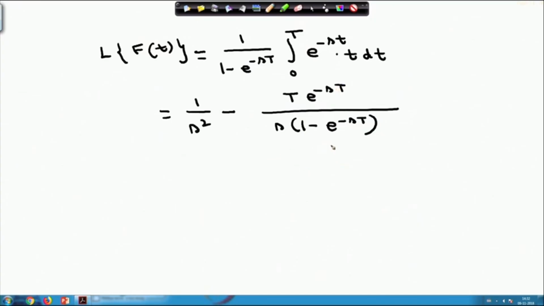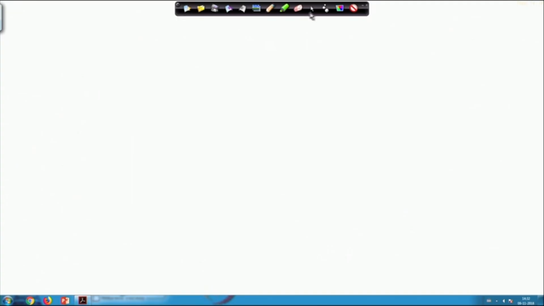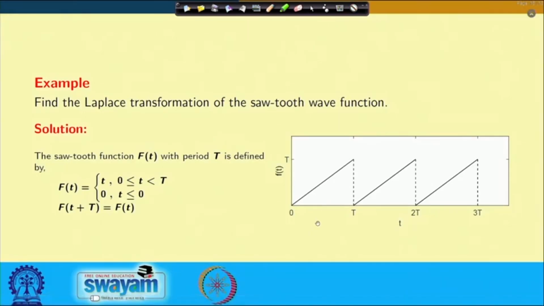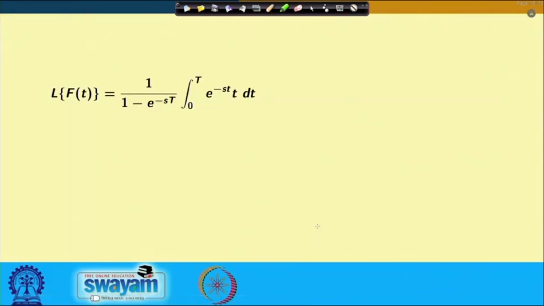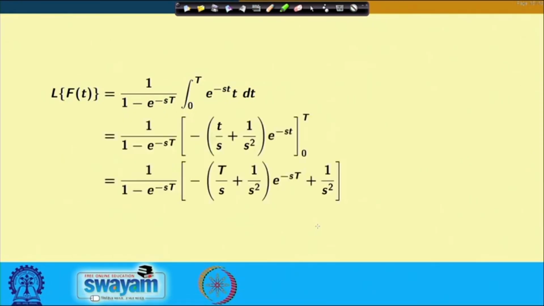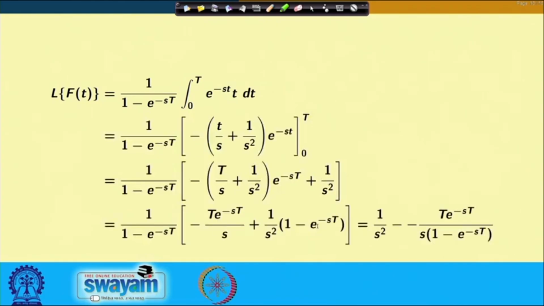So, you are getting this particular value. If we go back here, your f(t) is 1 minus this. Here I have given some steps for the evaluation of the integral, and at the end I have given the final result.